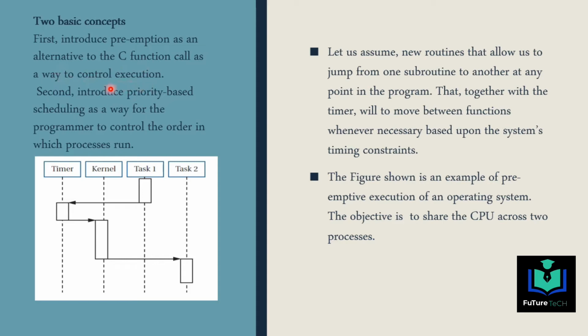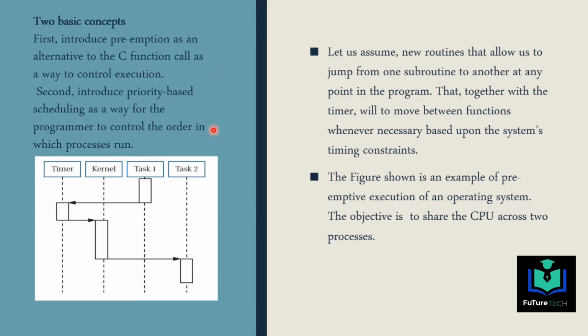It is one of the ways to control the execution. The second is to introduce priority based scheduling as a way for the programmer to control the order in which the processes run. So the first is an alternative to the C function, a way to control the execution. Second, it introduces priority.